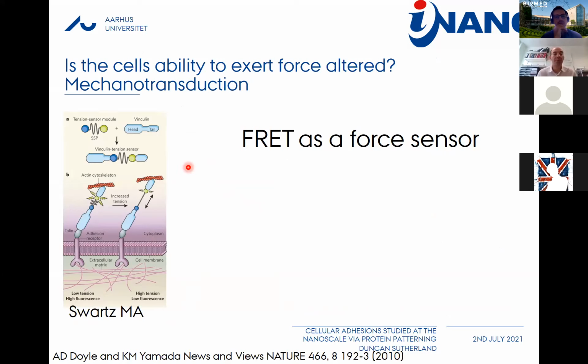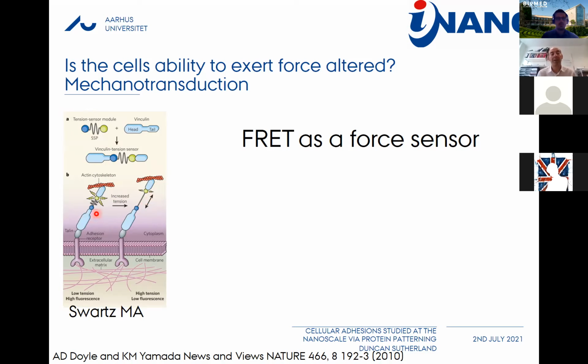And so the idea with this protein is that it's like the original vinculin, except that it has a force sensing block in the middle, and that force sensing block has two fluorophores, which, if they're very close together, then you can have energy transfer, a distance-dependent fluorescence resonance energy transfer. And so if there is a lot of force, then these are far apart and there is very little FRET.